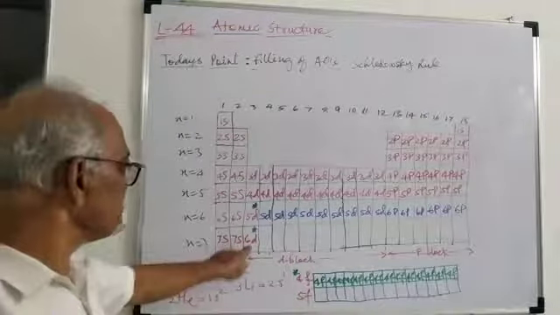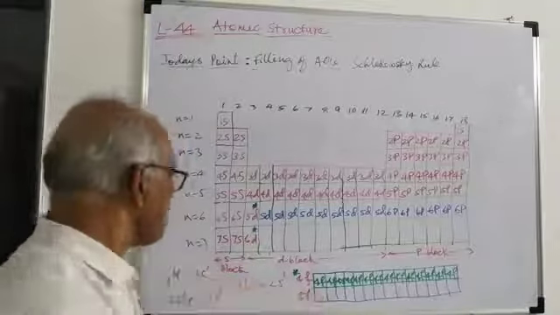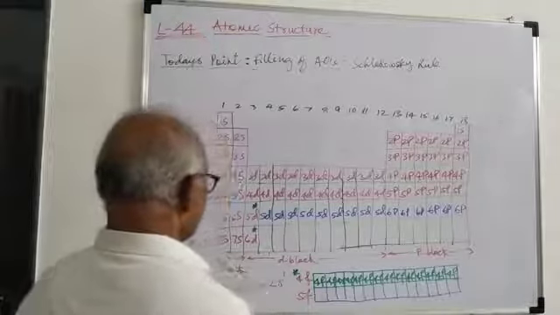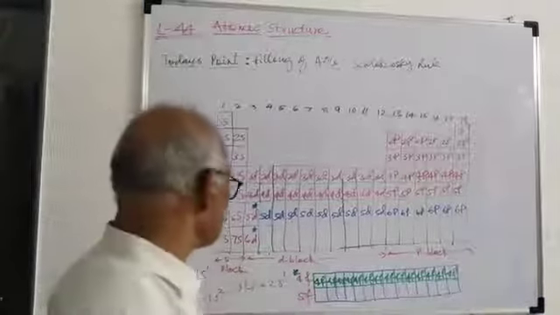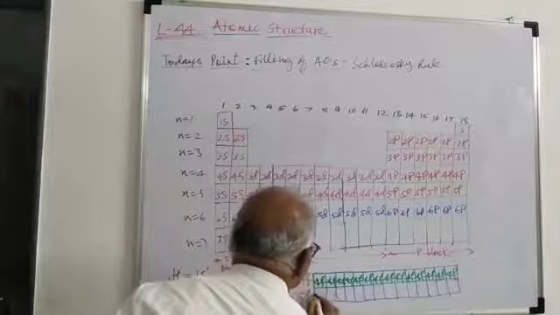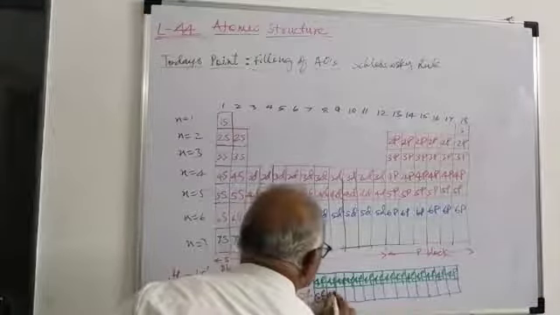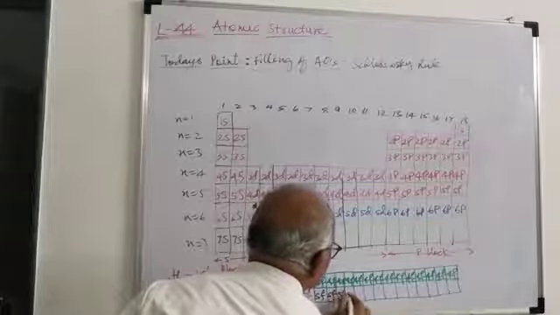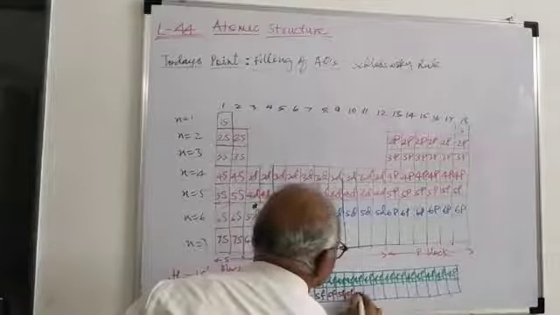So the electron prefers to enter into this 5f orbital. So we will show here 5f, and 5f is filled progressively.